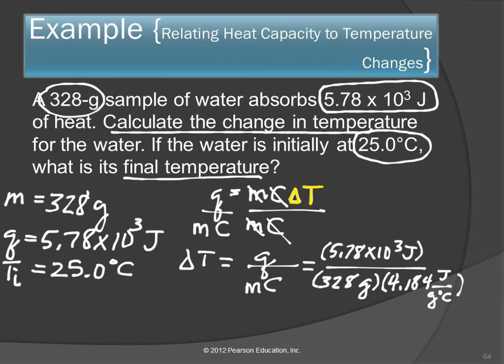That came from the table. The problem tells us this is water. We need the specific heat capacity. The equation tells us there's a C in there. We need the C. They didn't give us the C. Go look it up. In the table it says the specific heat capacity for water is 4.184 joules per gram degree Celsius. Check the units. Joules canceling, grams canceling, degrees Celsius will be left, so that's good.